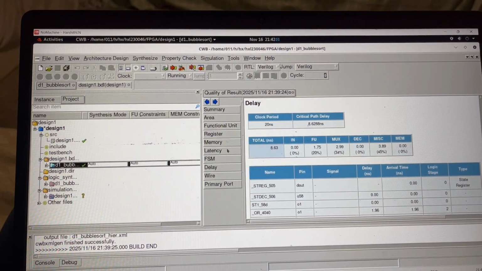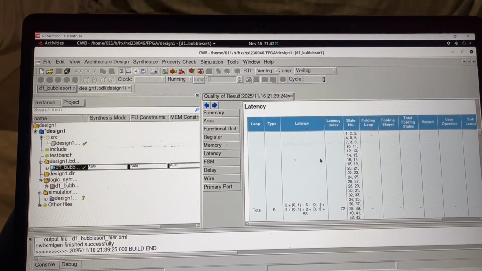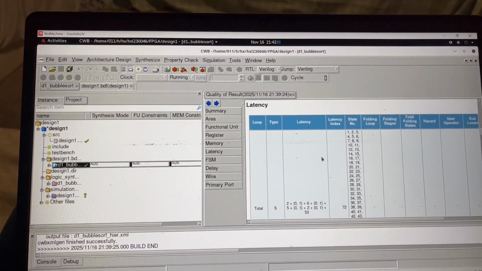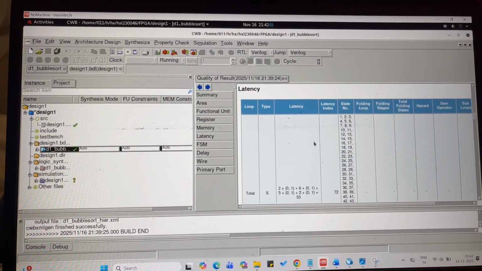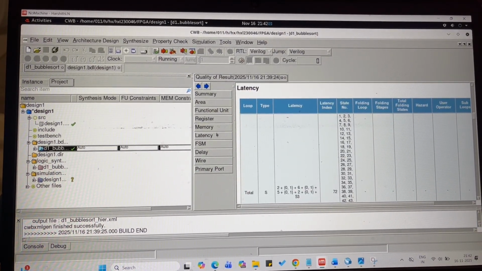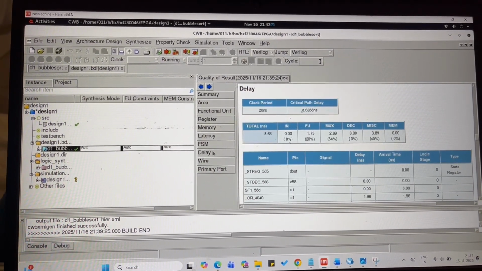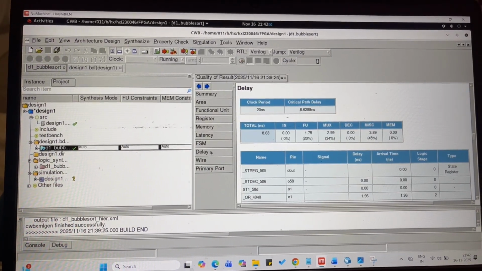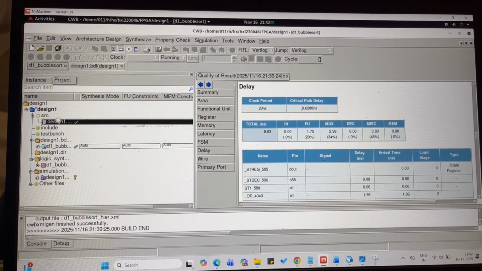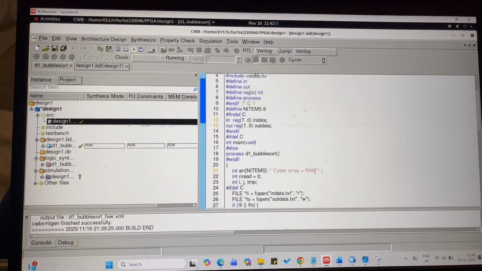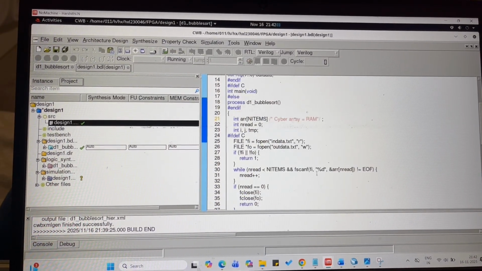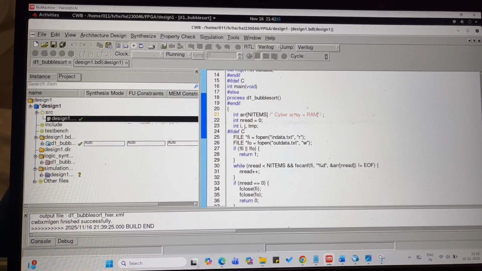Since the latency is 72, we can conclude that the performance is very slow, since the latency is 72 and the delay is 8.622 nanoseconds. Now let's change the pragma to registers over here.